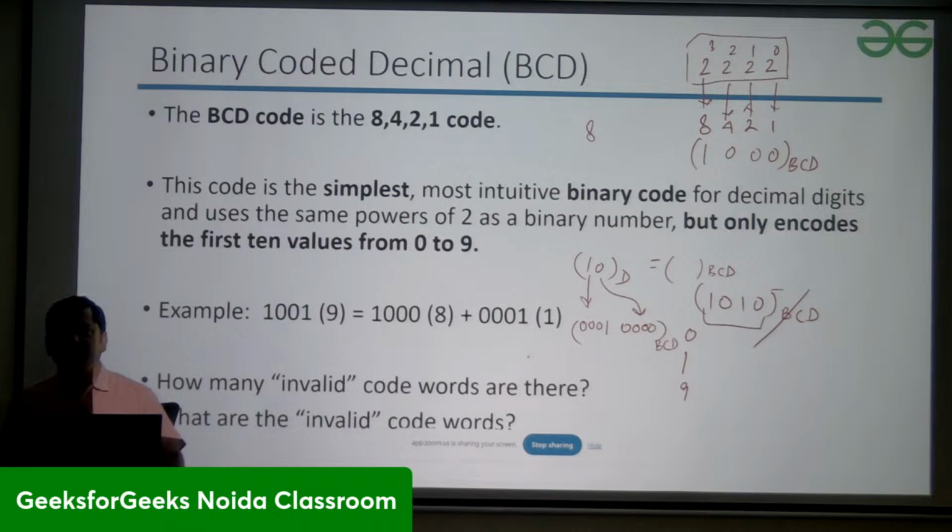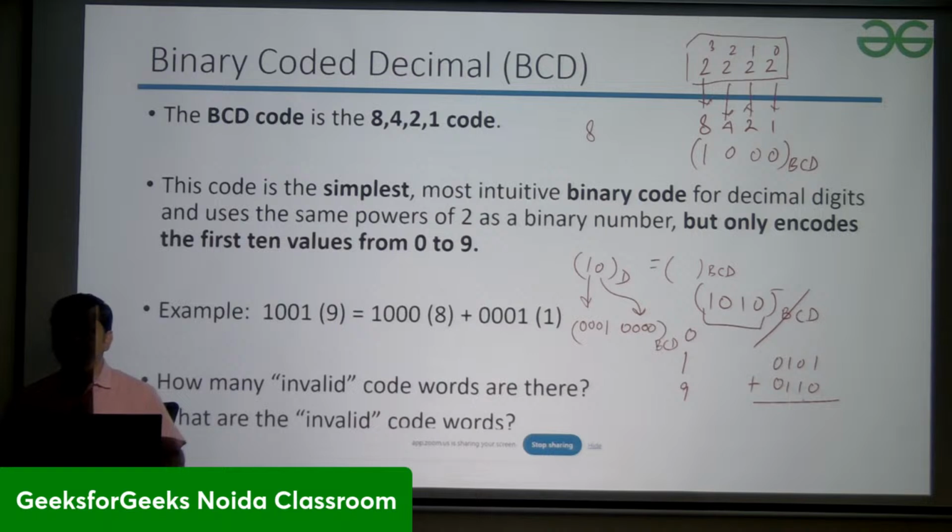Okay, but suppose you have a certain arithmetic operation on the BCD. Okay, let's say I have 5 in BCD, that is 0101, and again I have, let's say, 6 in BCD, 0110. These are valid BCD. I just want to apply the addition of these two BCD numbers. That we can do.